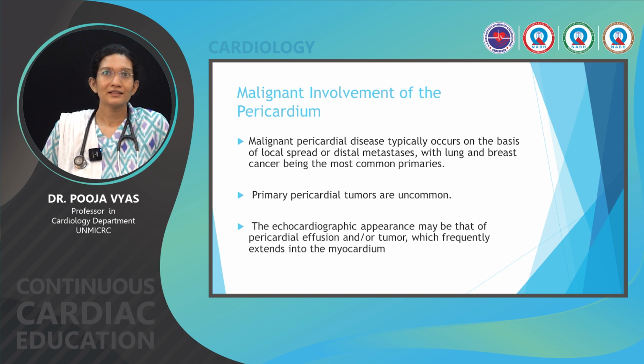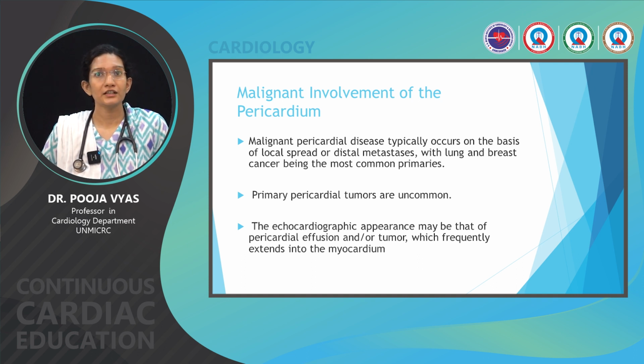And last is malignant involvement of the pericardium. Malignant involvement may be like development of pericardial effusion, or there may be appearance of a tumor which extends into the myocardium.